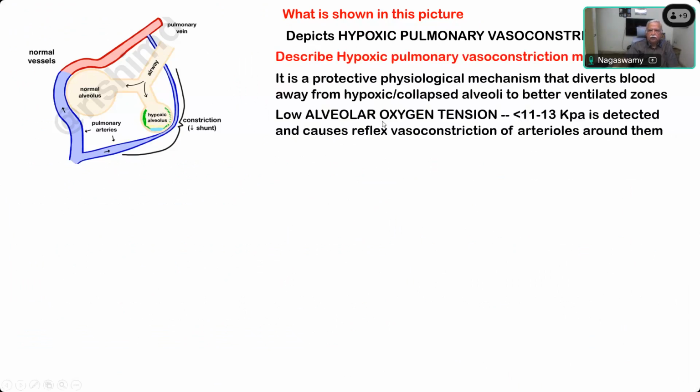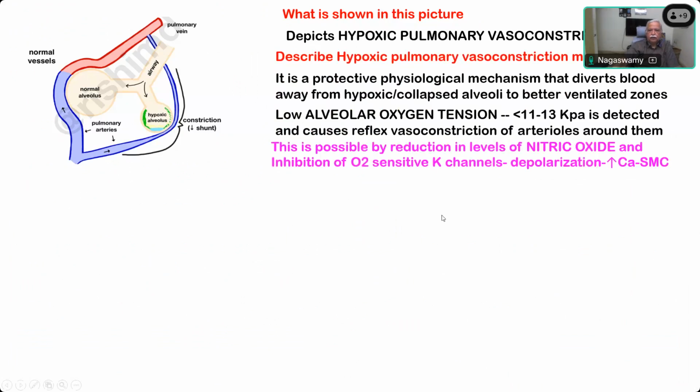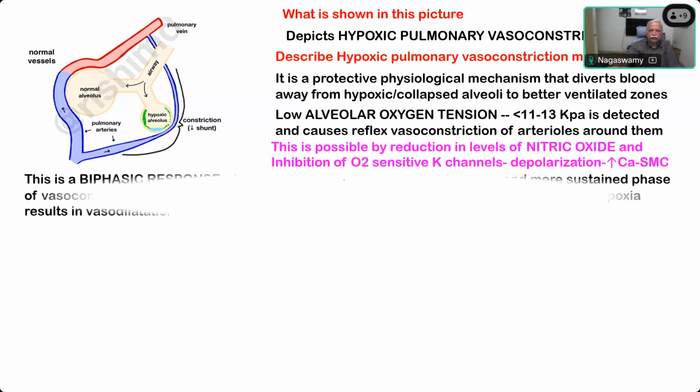It is the alveolar oxygen tension and not the blood oxygen tension which is the cause. This is possible by reduction in levels of nitric oxide, which is a vasodilator, and the inhibition of oxygen-sensitive potassium channels, which cause depolarization by increasing the calcium, smooth muscle contraction of the vasculature and vasoconstriction.